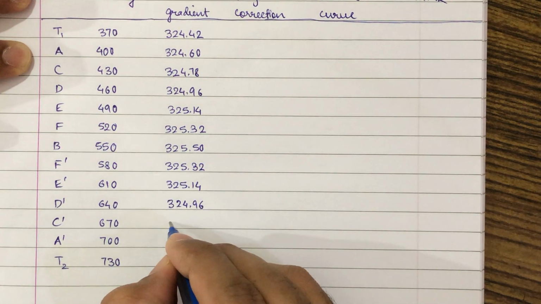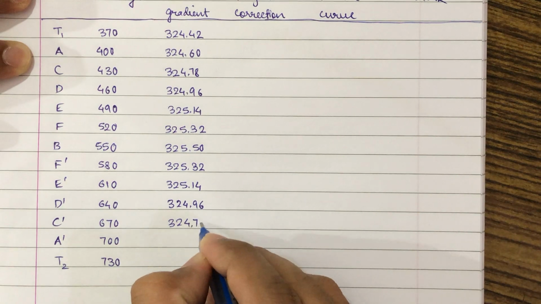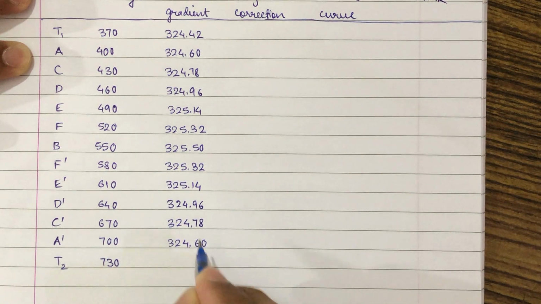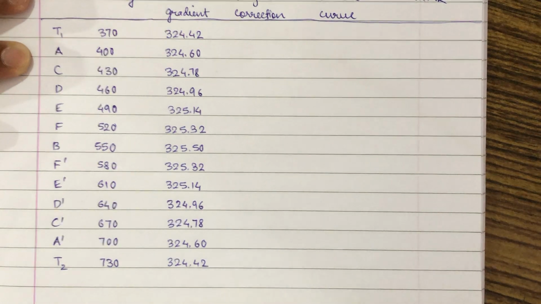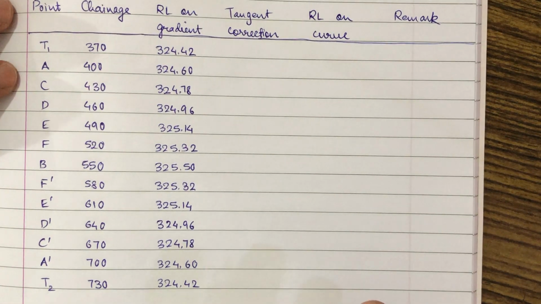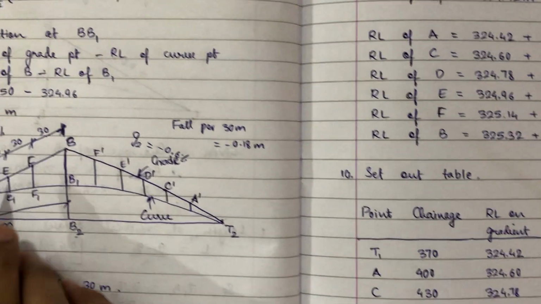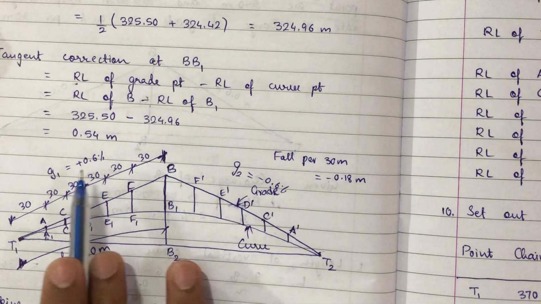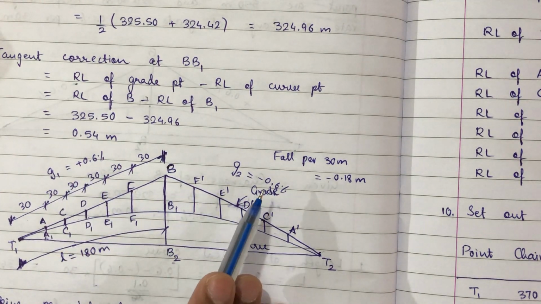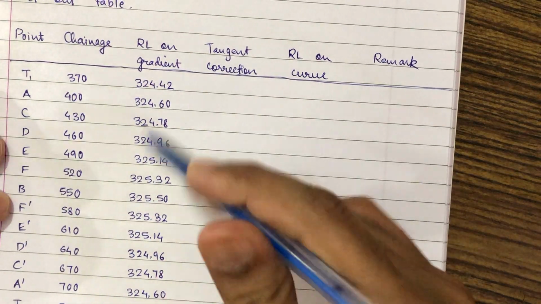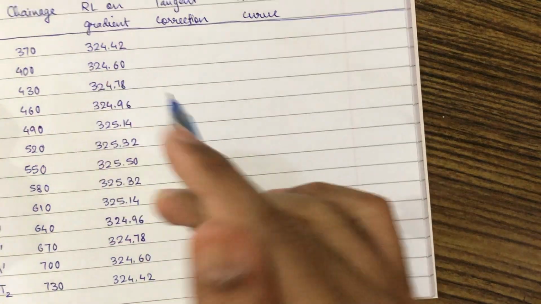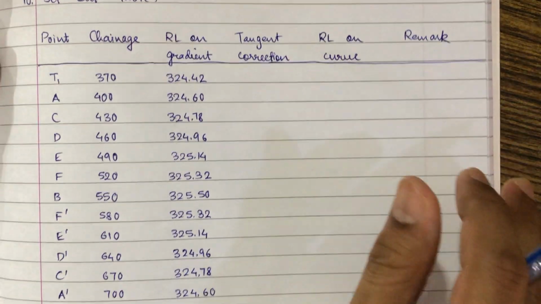Then again subtracting 0.18, 324.78. Again subtract 0.18, this will be 324.60. Again subtract 0.18, it will be 324.42. Now why is this so? Because both the gradients had the same value 0.6 but opposite sign, here plus, here minus. Hence we get these values in this order. If the values had been different, then these values would also have been different.